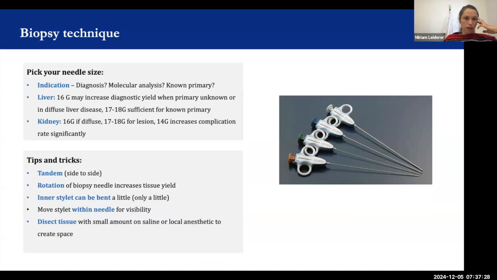Is it a primary diagnosis, or is it molecular analysis, or is it a known primary and you're just trying to confirm if the metastasis is indeed a metastasis of that known primary? So for example, for the liver, you may want to use a larger core needle if the primary is unknown or if you have diffuse liver disease, but 17 to 18 gauge is usually sufficient for a known primary.